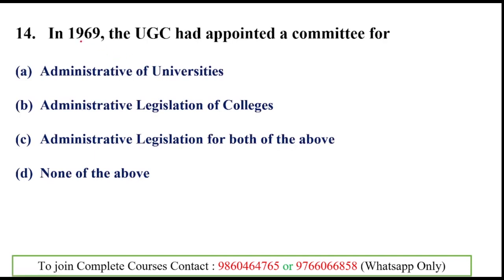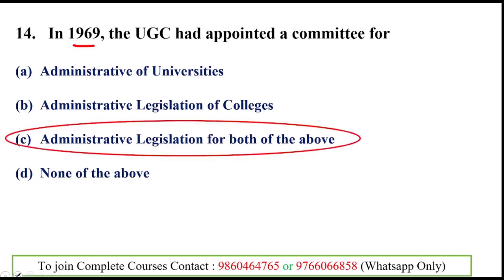In 1969, the UGC had appointed a committee for. So in the year 1969, UGC appointed a committee for both university administration and legislation of colleges.